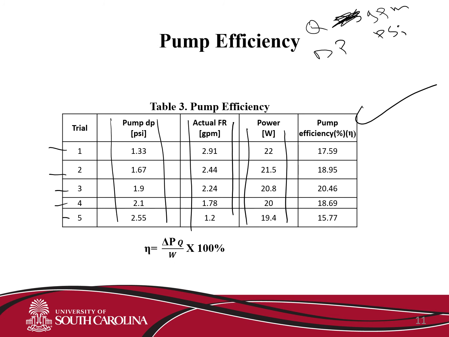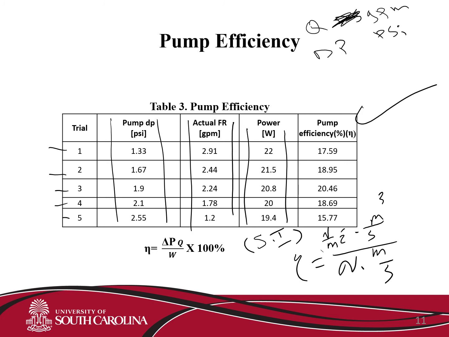Or if you use SI units, you need to make sure delta B is in Newton per meter square times meter cubic per second, over Newton times meter per second. And this is dimensionless. Multiply by 100, and then you get the efficiency. This is just an example, a sample, and then you need to explain the relationship for the pump also.